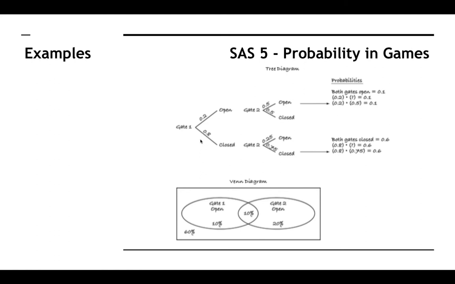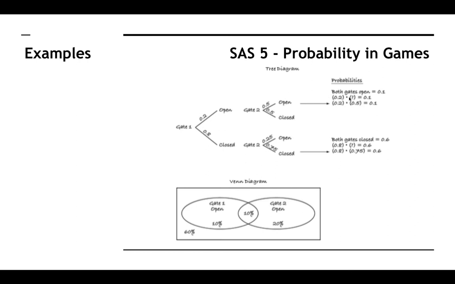Let's see. When gate 1 is closed, we go there, and gate 2 is open 25% of the time and closed 75% of the time. What we have to do is determine how we create both gates open at 10%. 0.2 times 0.5 is 0.1. So that's true. We're looking at the right answer.